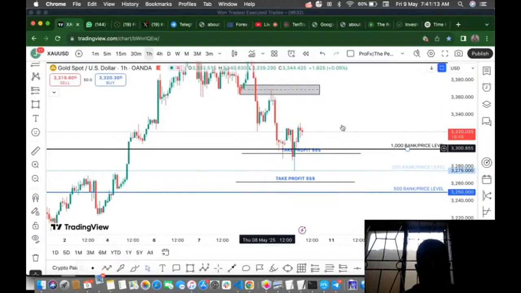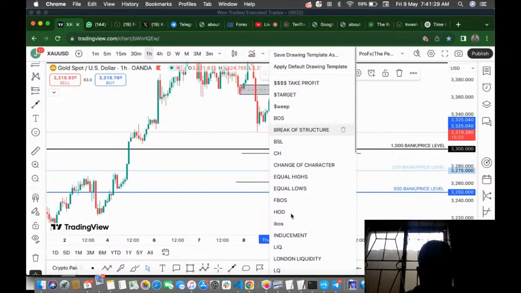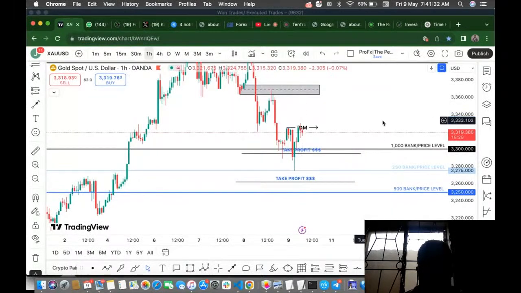So now what I'm envisaging is that what happened is just child's play. It creates an inducement for the continuation. So for gold, we are still bearish. Just see a perfect location to continue selling.